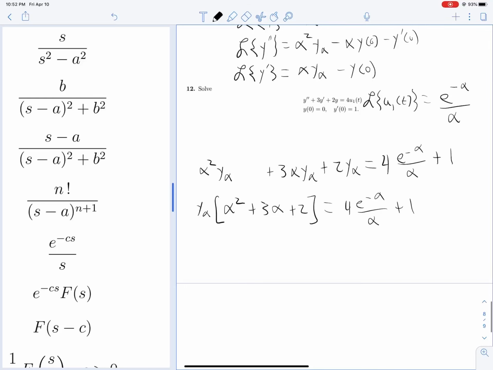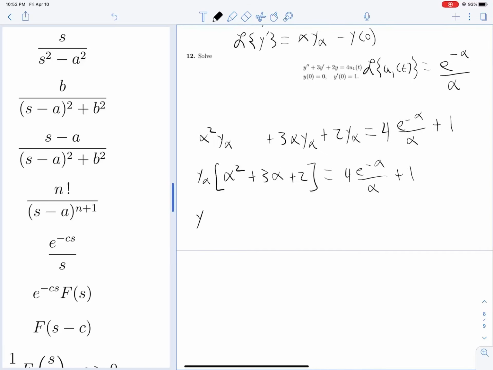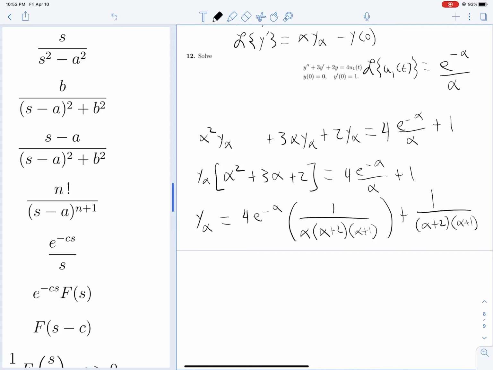Now we can divide all of that out and factor some stuff, and we will have y alpha equal to 4 e to the negative alpha multiplied by the quantity 1 over alpha times alpha plus 2, alpha plus 1, and then plus 1 over alpha plus 2, alpha plus 1.